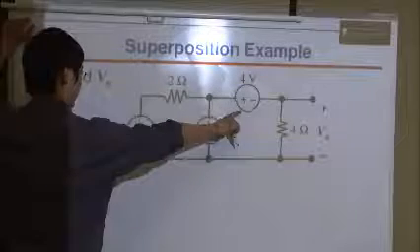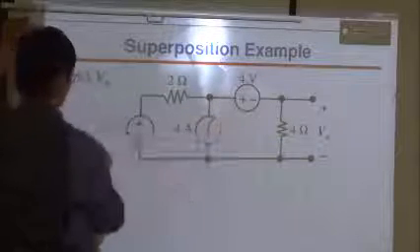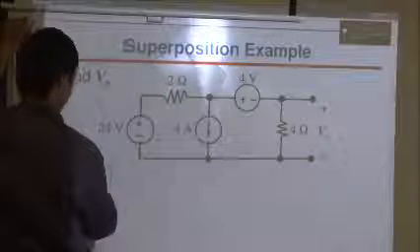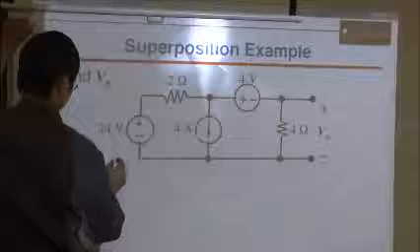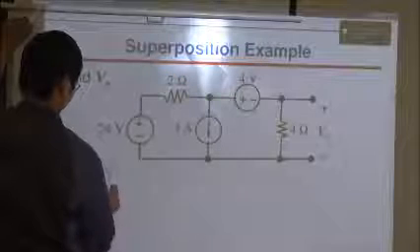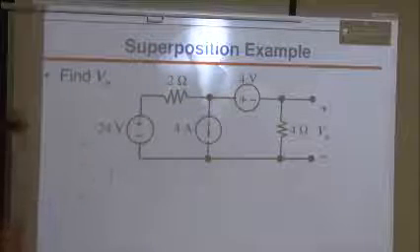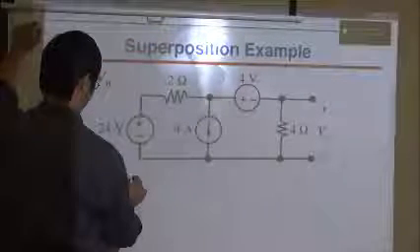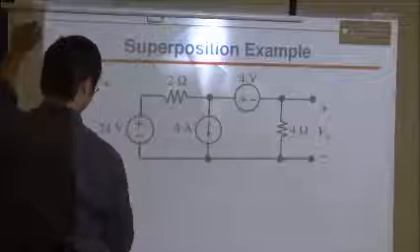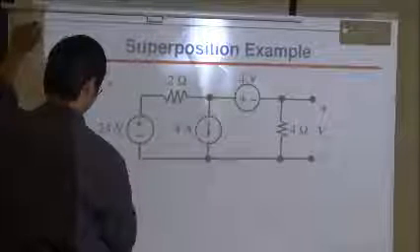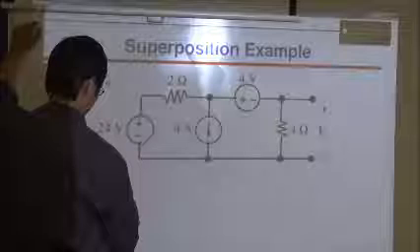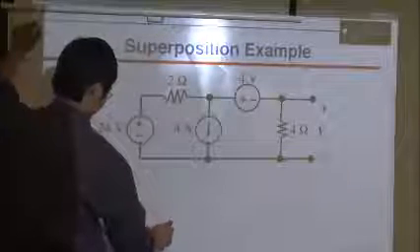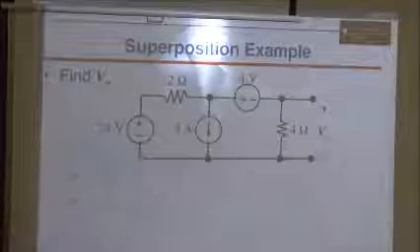And the 4 volt we also want to get rid of, so that's a short. So this is 2 ohm, this is 4 ohm. It's a very simple voltage divider, right? You have 2 and 4. So VO1 will be the drop across 4 ohm over the total of 6 ohm, times your 24, which is 16 volt. That's the first case.